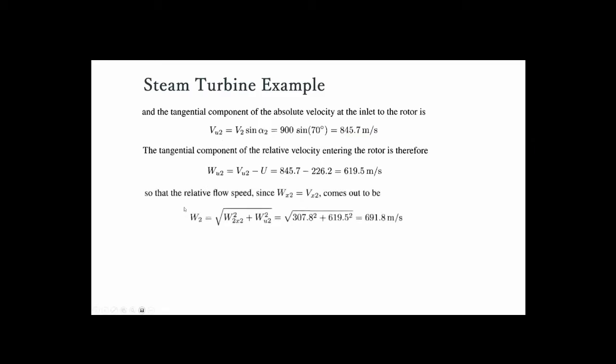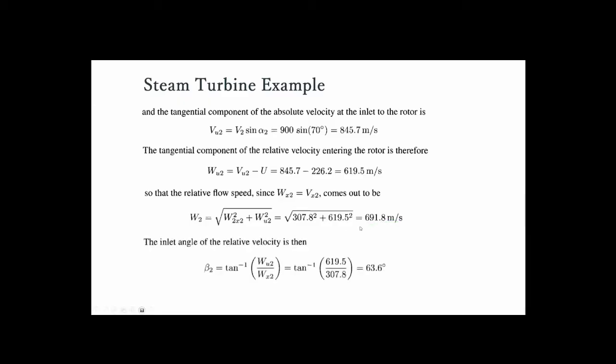And so the relative flow speed, since Wx2 equals Vx2, comes out to be W2 equals square root of Wx2 squared plus Wu2 squared. Plug in the values and you will get W2 equal to 691.8 meters per second.